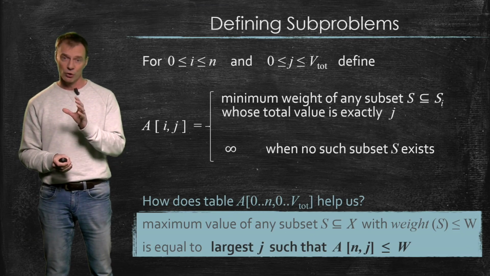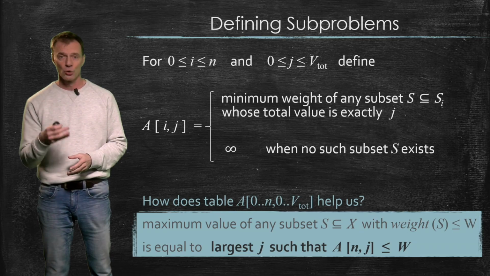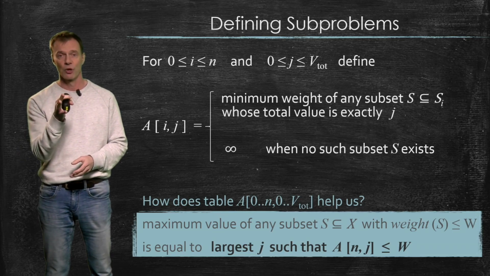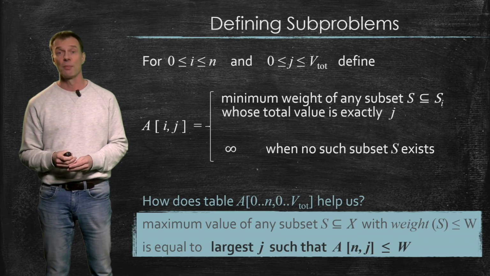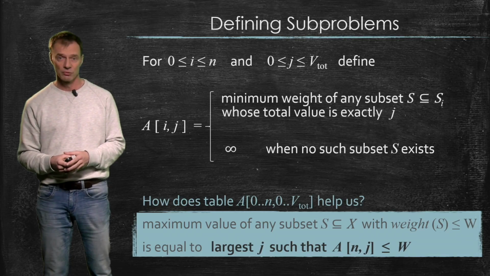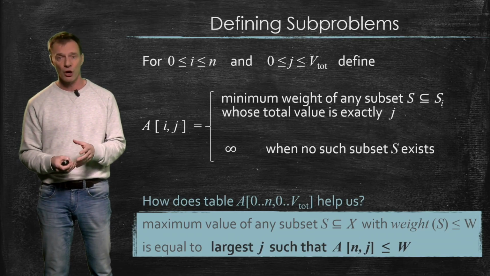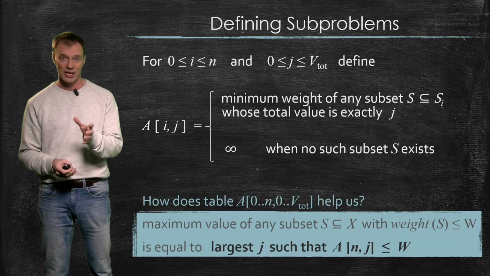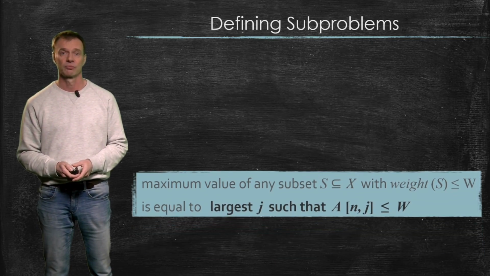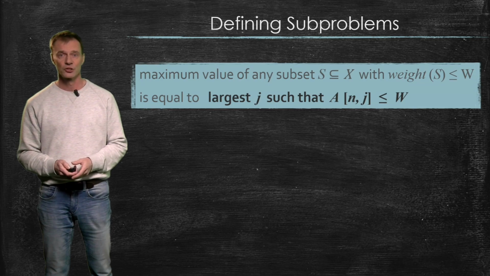And now what we want is a subset whose total weight is at most W. So we want A(n,j) to be at most W. And then we want to have the largest value. So indeed, we want to have the largest j such that A(n,j) is at most W. Okay, good. So this is what we want to compute.